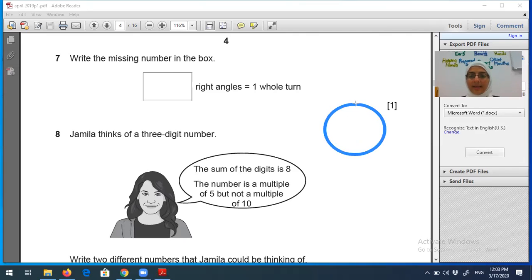Let's divide this, and can you tell me how many right angles we have here? So we have here 1, 2, 3, and 4. So we have 4 right angles that should be written in here. So the answer here is 4. Okay, let's go now to the other part.